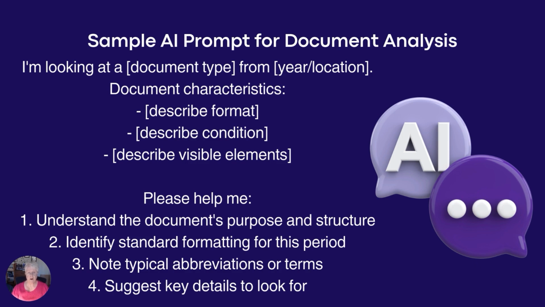The task for your AI tool is then iterated. You'll ask it to help you understand the document's purpose and structure, identify standard formatting for this period, note any typical abbreviations or terms, and ask it to suggest key details to look for.